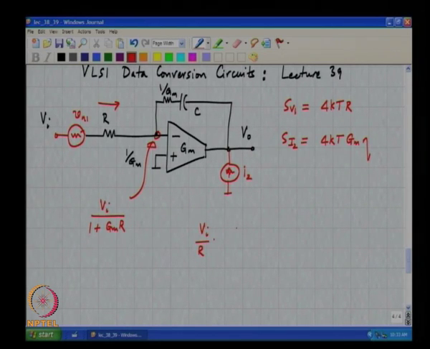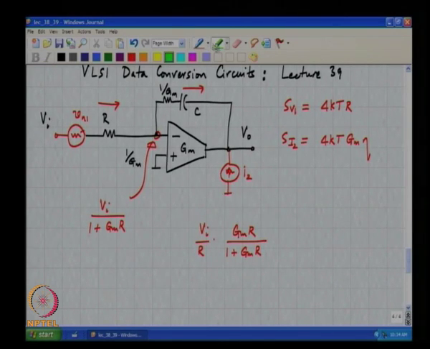It is Vi by R times GmR by 1 plus GmR. That current flows through the integrating capacitor.